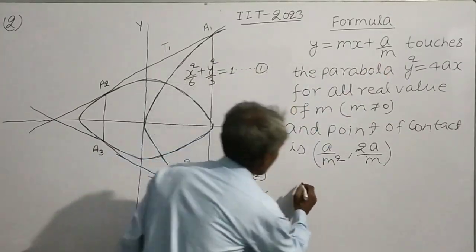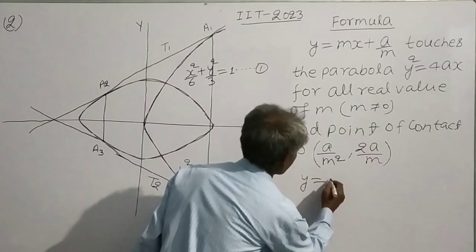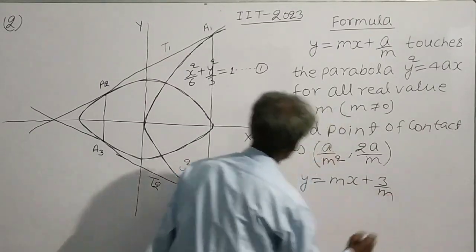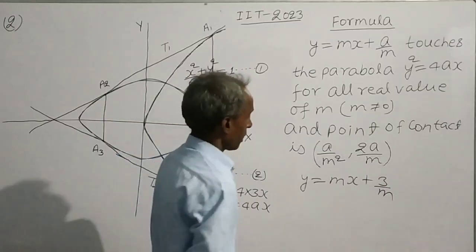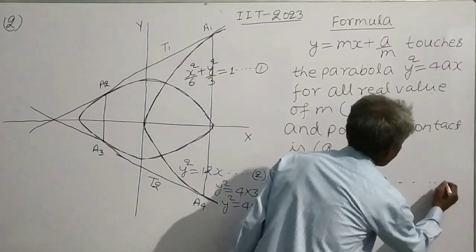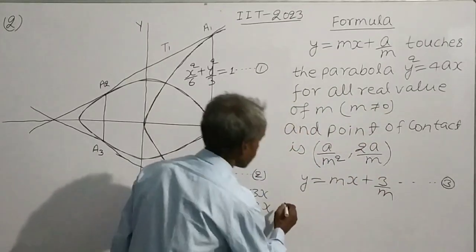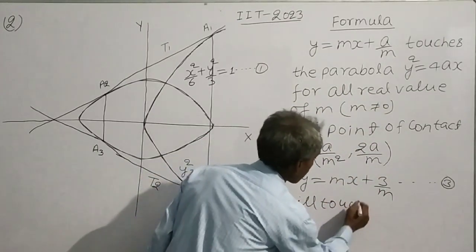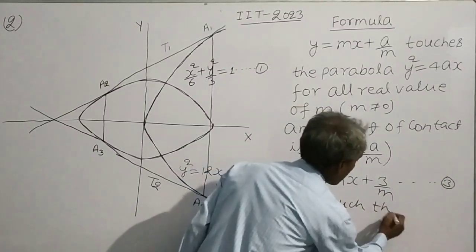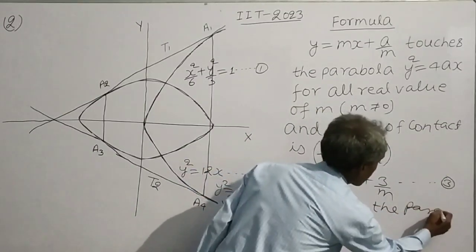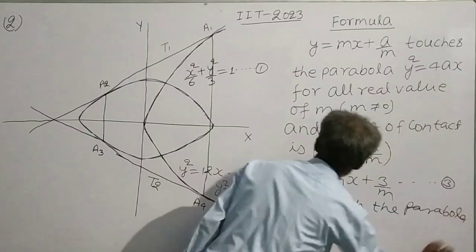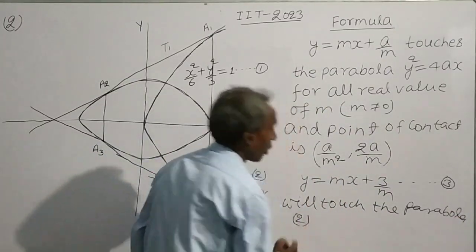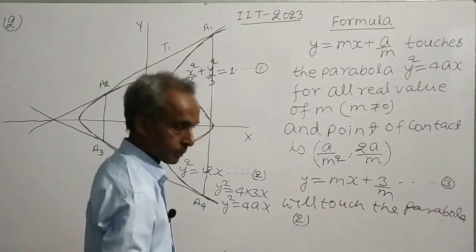Always it touches the parabola for all real values of m. That means y is equal to mx plus 3 by m, equation 3, will touch the parabola for all real values of m.